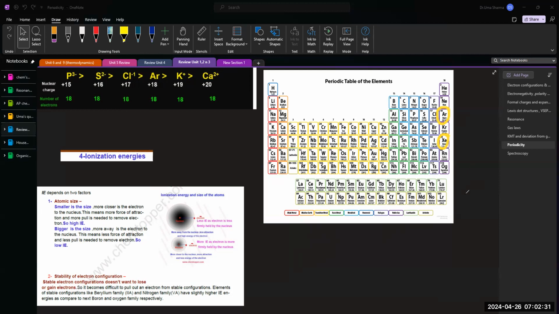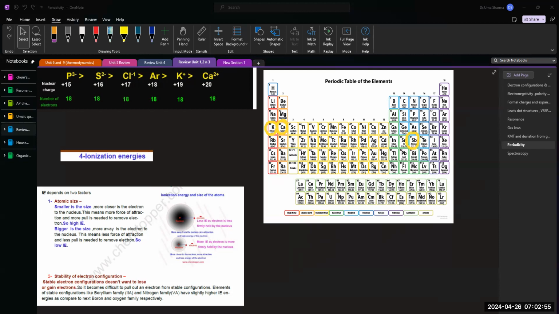Down the group, only one factor, size. Very good. Which element has higher ionization energy, calcium or potassium? Calcium.